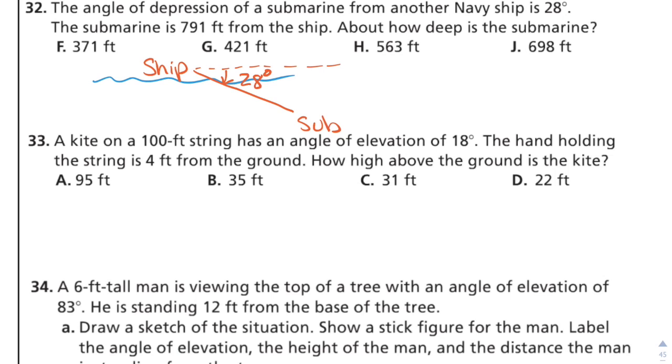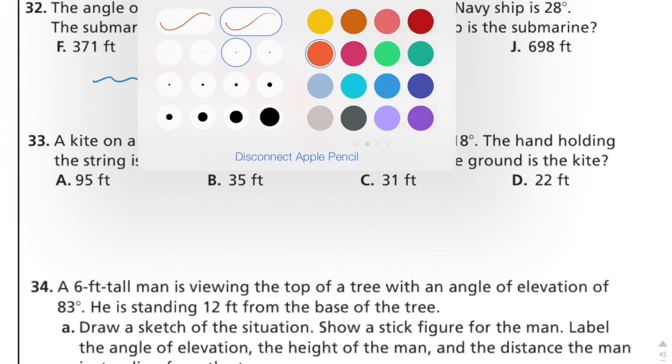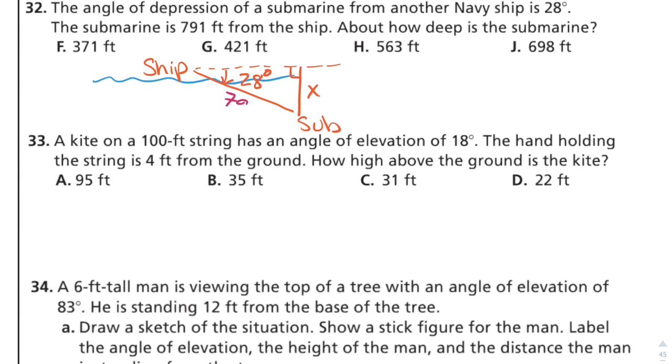What's weird about this one is that when it says how deep is it, we know that this is going to be the depth of the submarine, and we don't know what that variable is. The question is about the distance from the submarine. It says the submarine is 791 feet from the ship. When it says that, it's talking about this distance right here. It doesn't say that if the ship traveled 791 feet, it would be above the sub.